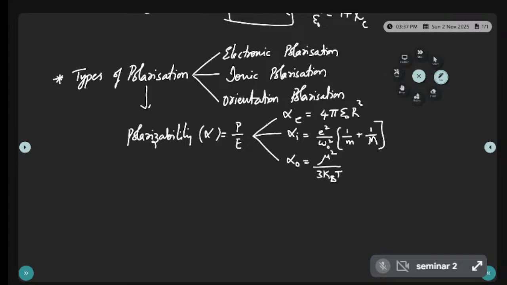The expression for electronic polarizability is 4 pi epsilon naught r cube. Ionic polarizability is E square by omega naught square into 1 by small m plus 1 by capital M. Orientation polarizability is mu square by 3 kB into T.